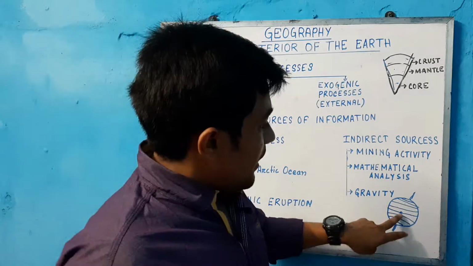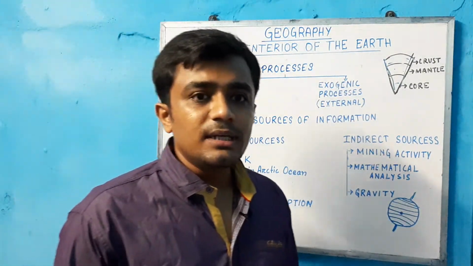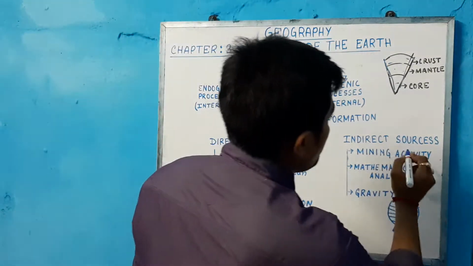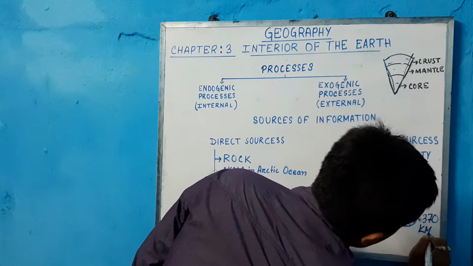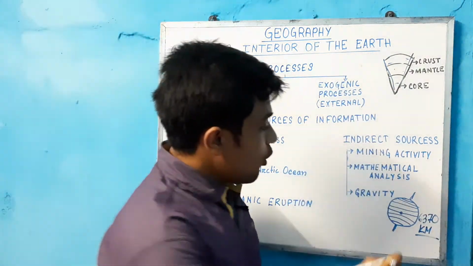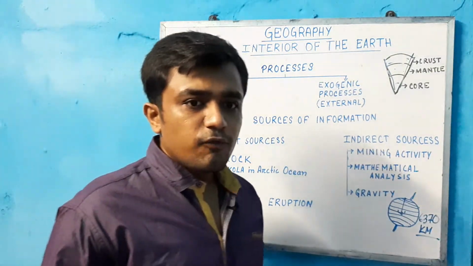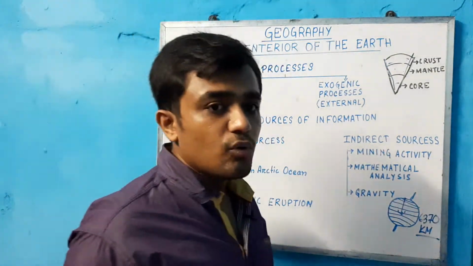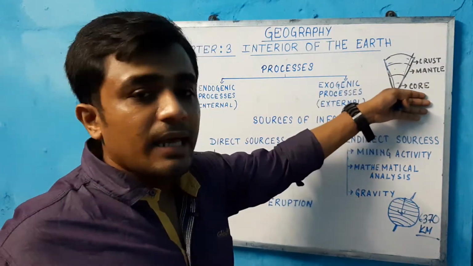So our earth radius is almost 6,370 kilometer. Okay. No one can reach the center of the earth. For that reason, we have to know about the sources of information in the interior of the earth.